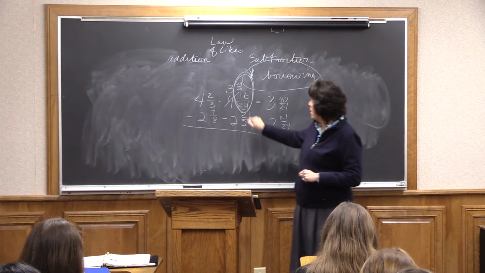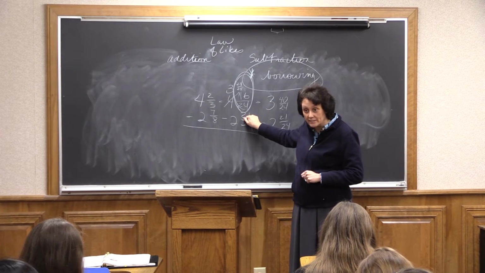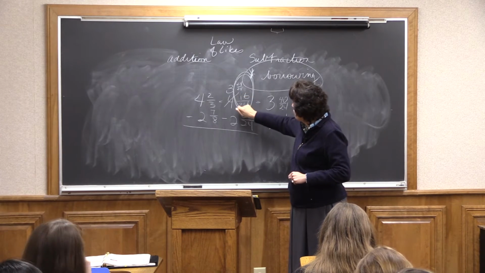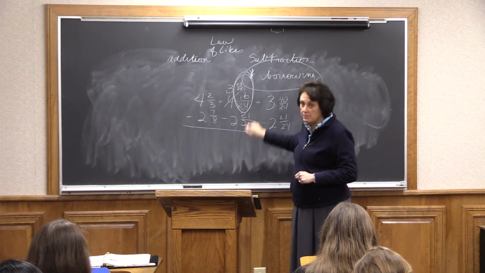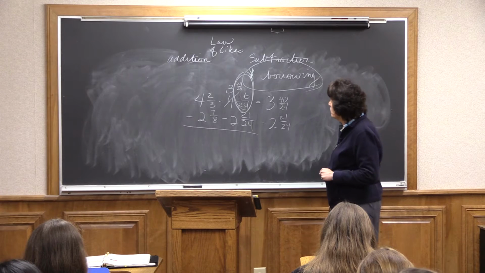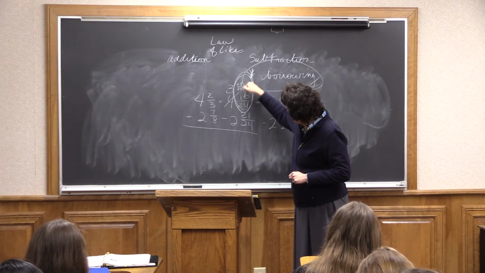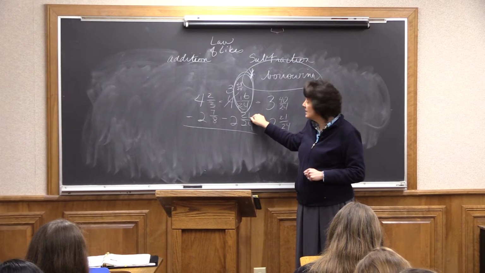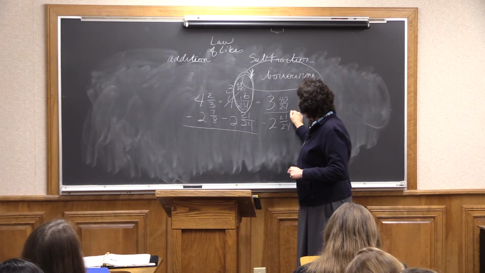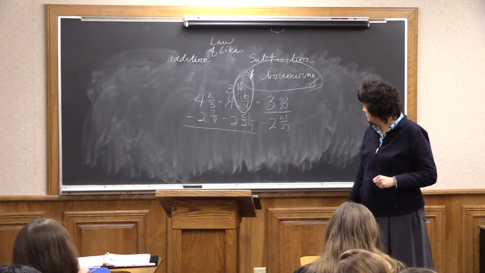I am not going to borrow and make this an 11 so that I can subtract from it, am I? I have to borrow 1 in the same denomination as my fraction is. I'm borrowing 24 24ths. And another problem is some students will want to do 24 minus 21, but that's not the case. I have to rewrite my minuend with its borrowed fraction.